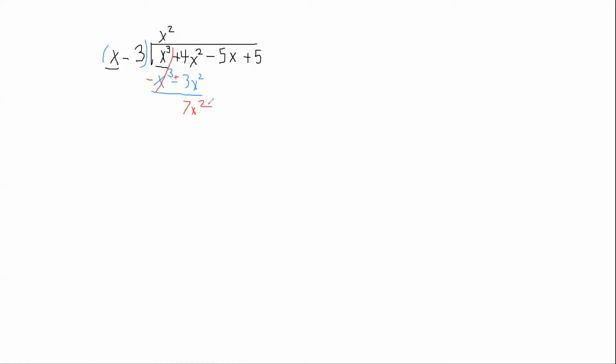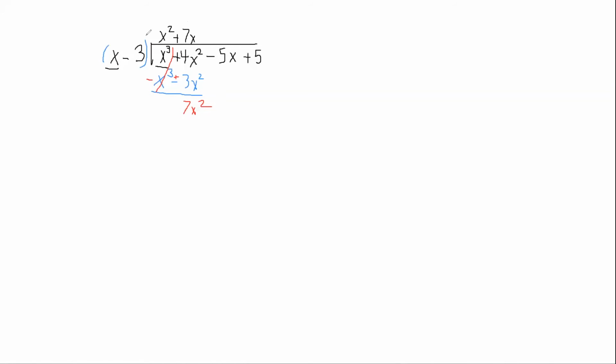And then we carry on like we did before of normal division. So this is positive, so we have positive 7. That's the coefficient that we have. To make x squared, we need to times x by 7x.